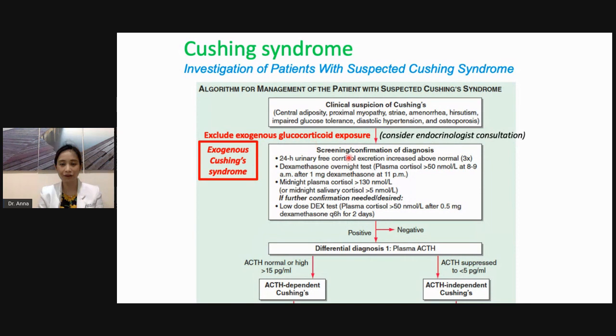Before screening, consider first if there is any possibility of exogenous glucocorticoid exposure. That's the first thing you do, rule out exogenous Cushing syndrome. Usually we suspect this in patients who have a history of arthritis, because some patients self-medicate with steroids.